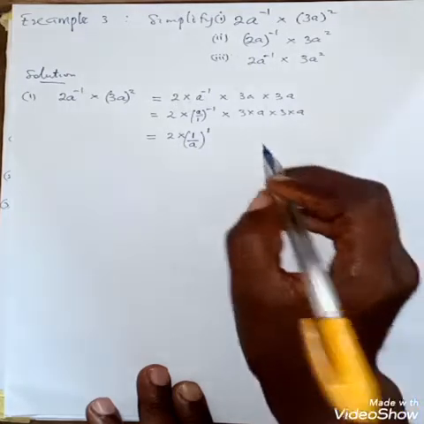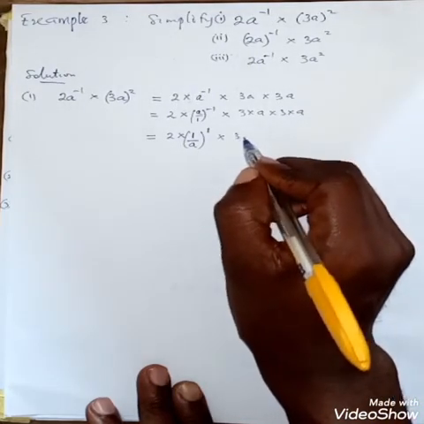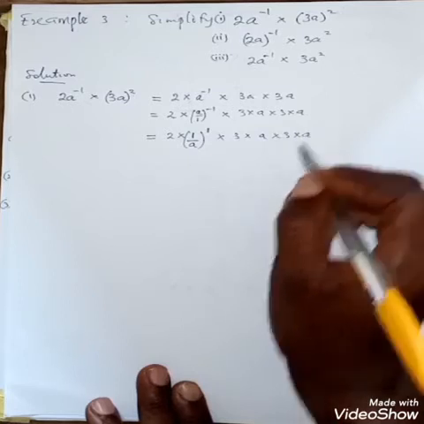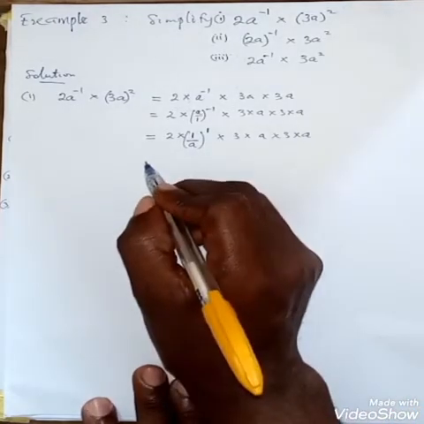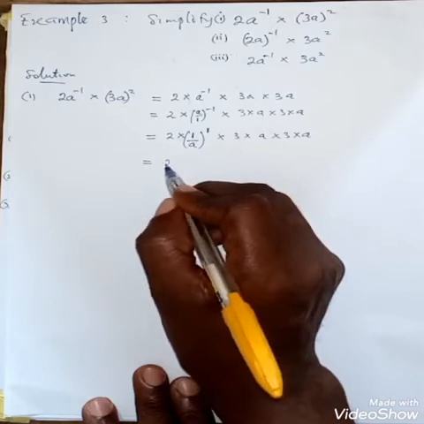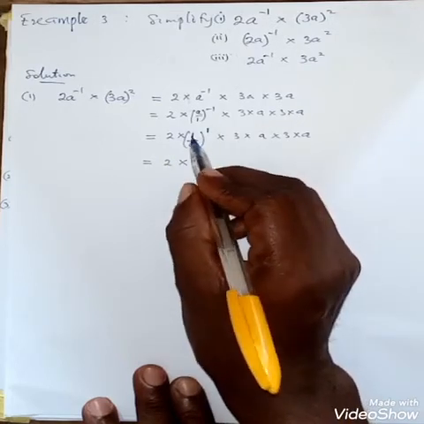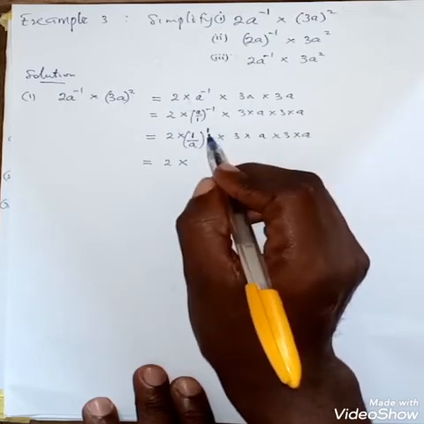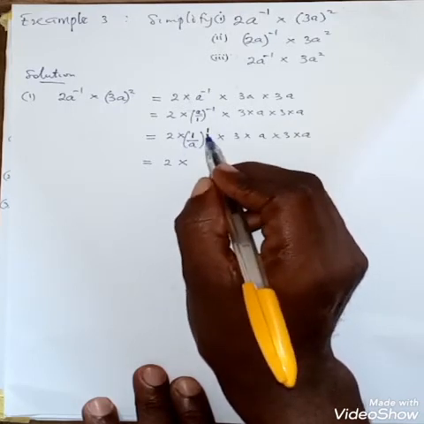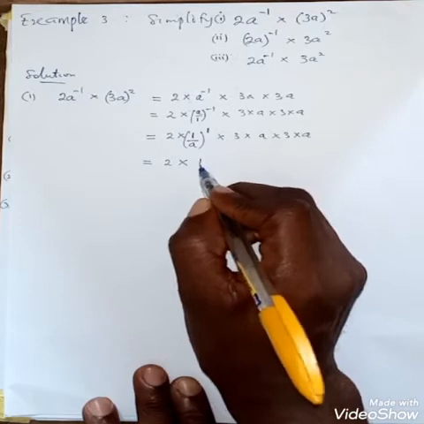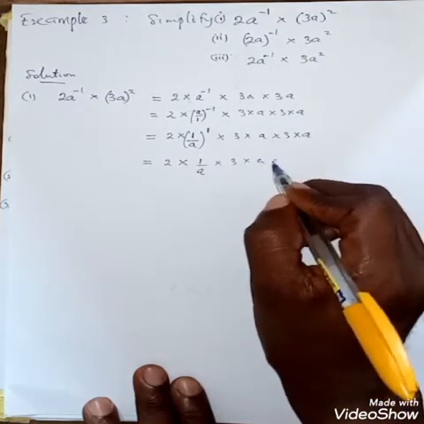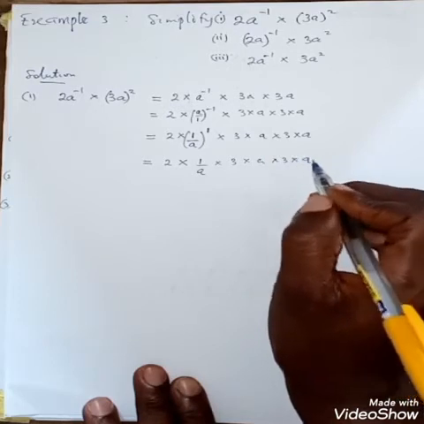Everything now raised to the power 1 multiplied by 3 multiplied by a multiplied by 3 multiplied by a. So that will give 2 times, this bracket here means what I have here should be written once, or should be repeated one time. So that will become 1 over a times 3 times a times 3 times a.